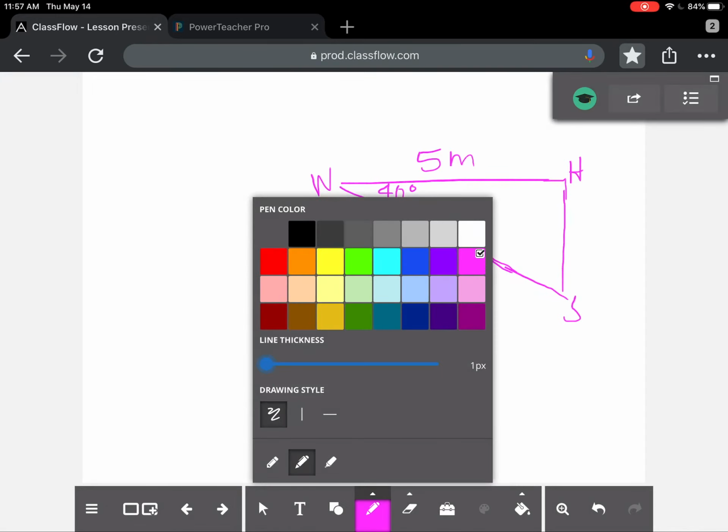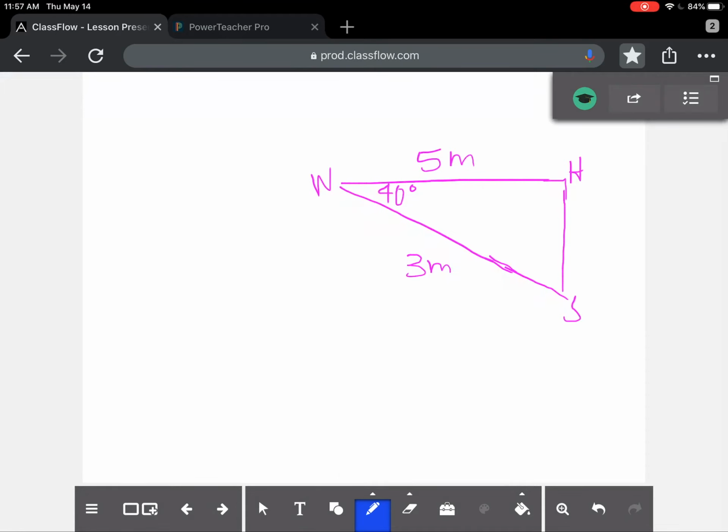So personally, I made my height from H. If you want to make your height from S, go for it.